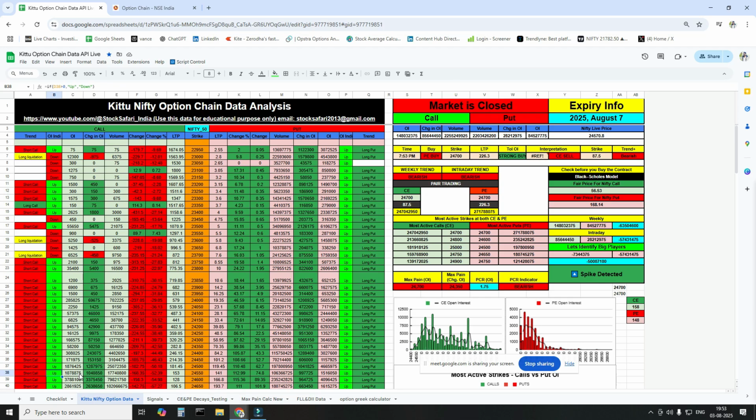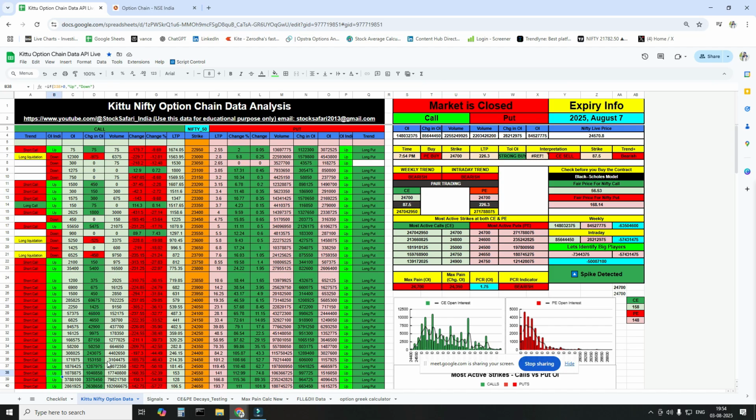Since they seem to expect the market to fall much further, they are putting in so much premium to take one contract. If they are building short positions at this price, they might be expecting it to go from 24,570 to 24,400 also. That's how we need to understand it.